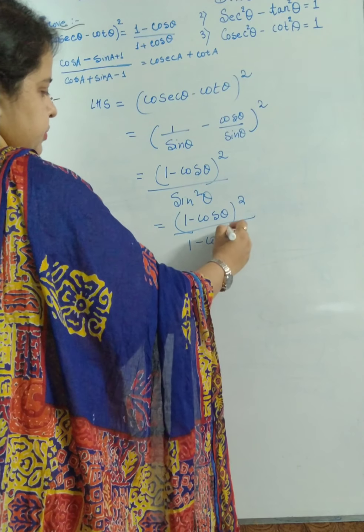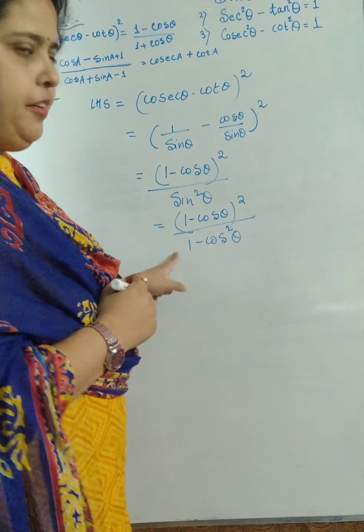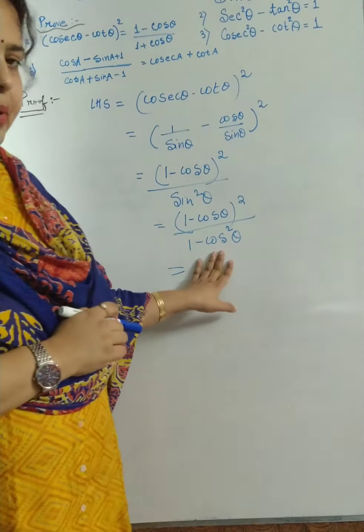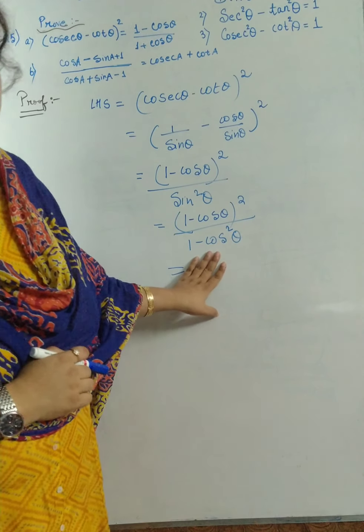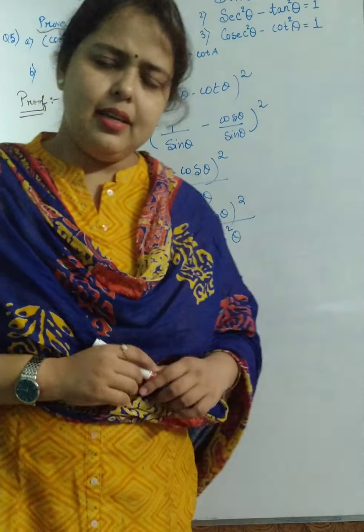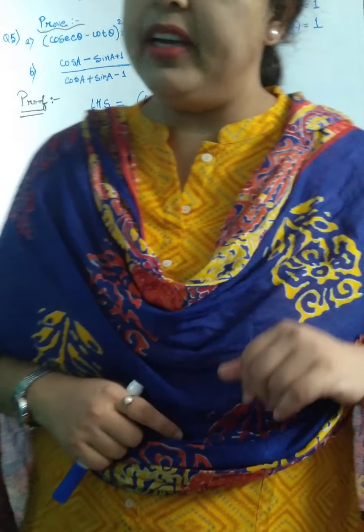So, the result is only one step away. Okay, see here. In the denominator, please focus on the denominator. What is it? 1 minus cos square theta. Can't I factorize it as (a plus b) into (a minus b)?